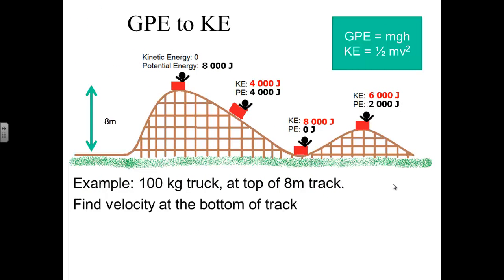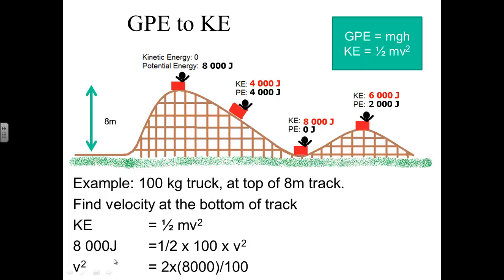So we have to find out what the velocity is at the bottom of the track, given that it has 8,000 joules of kinetic energy. There's the 8,000 joules that it had at the top. Now it's kinetic energy. So the equation is kinetic energy is half mv squared. We have to substitute the values. We know that the kinetic energy now is 8,000 joules, and that's going to be half times m. m is 100, v squared, we don't know what that is.